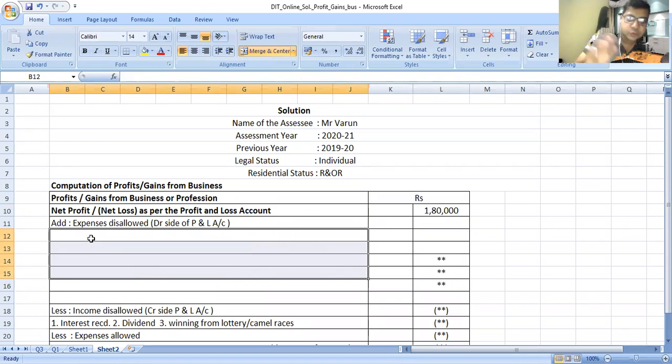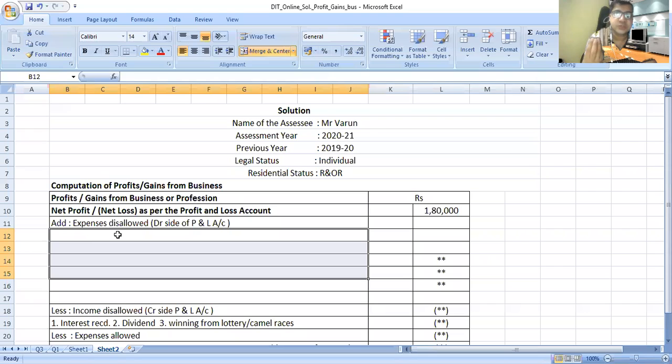Then after that, we know about the rule. First rule is, on the debit side we have to see the expenses, and those expenses which are not business expenses, such expenses should be added. On the debit side, sometimes some portion is not a business expense.